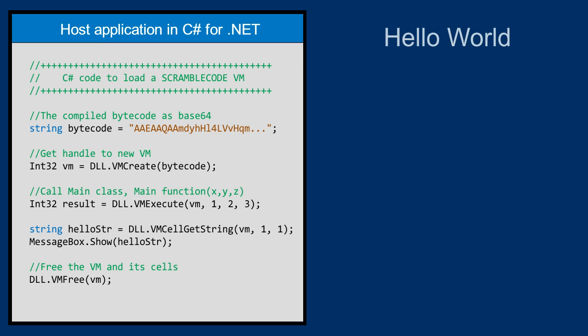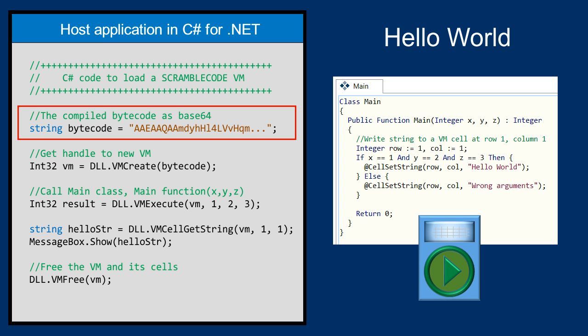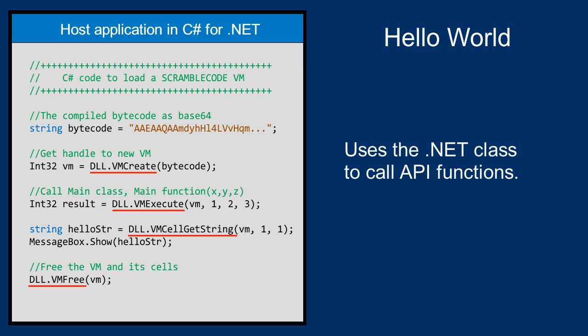Our host application made with C# for .NET will execute the SCRAMBLECODE source code presented here as encrypted bytecode in a virtual machine. Before execution starts, the compiled bytecode is saved in C# as a base 64 formatted string using just a simple copy-paste operation. The C# code uses the previously mentioned .NET class to call the DLL API functions.